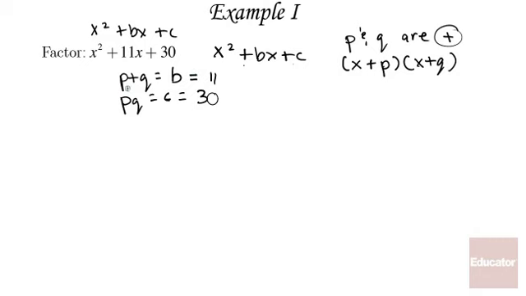And I know that the sum of p and q is 11, and the product of p and q is 30. Knowing that, I can look at c and I can say, okay, I'm going to find the factors of c, which in this case is the factors of 30.